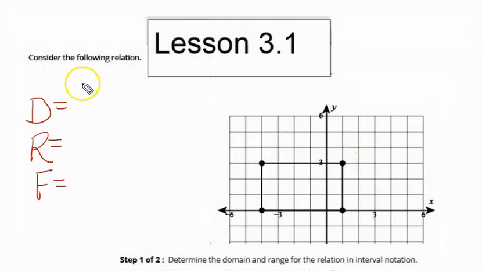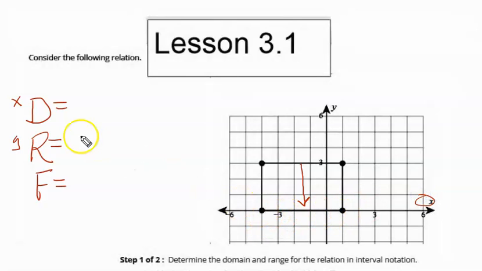Now remember, domain are x values, range are y values, and something's a function if the domain element is only used once. And to find the domain then, we take this line or this line, project it down to the x-axis, and what do we see here?